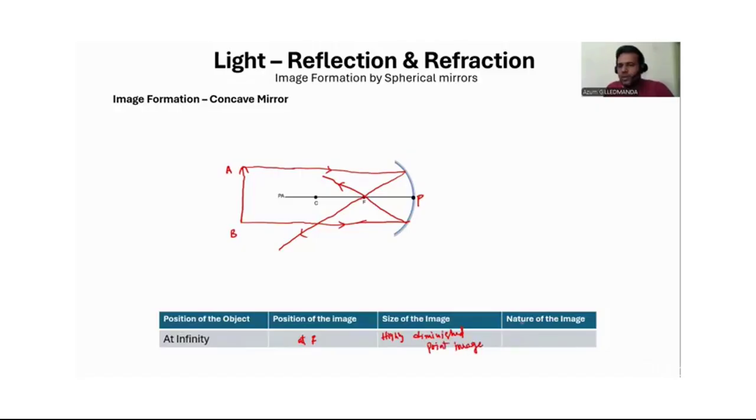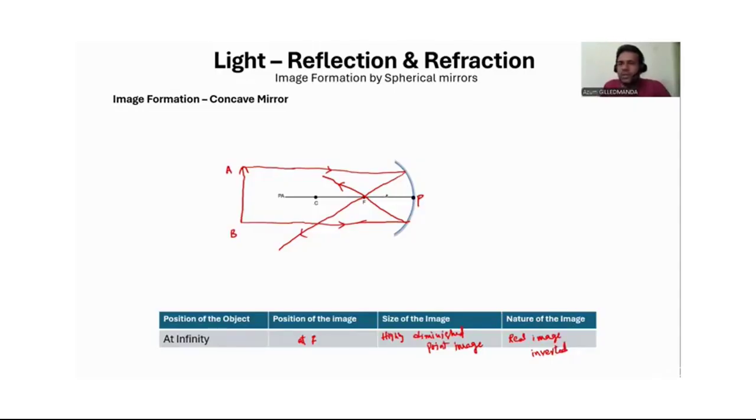Hope you guys are following, right? And then what is the nature of the image? As it is forming on the same side of the mirror as the object, we can say it is a real image. And what is its orientation? It is inverted. In the previous session, I gave an example of a spoon.